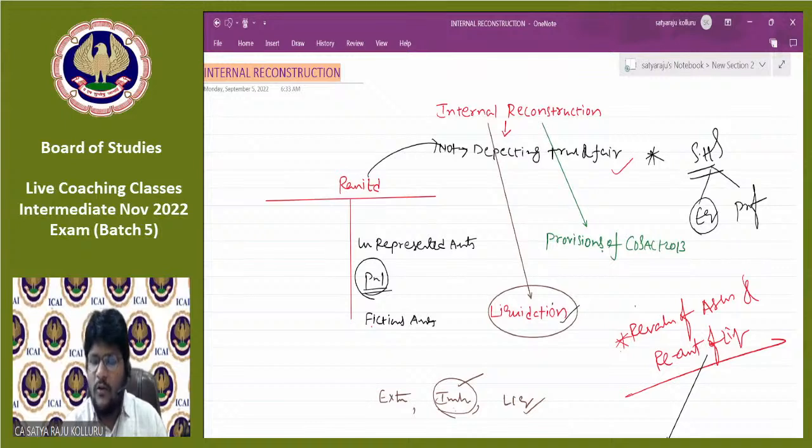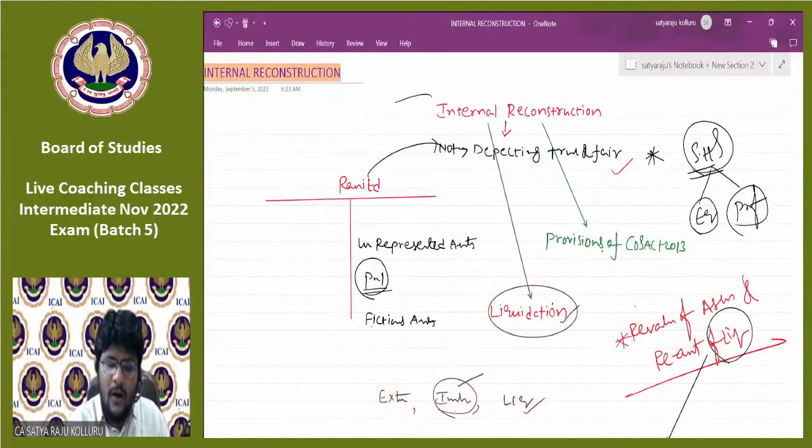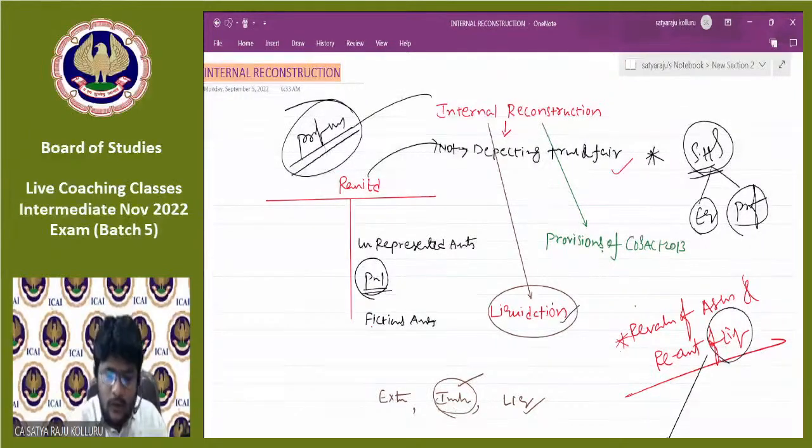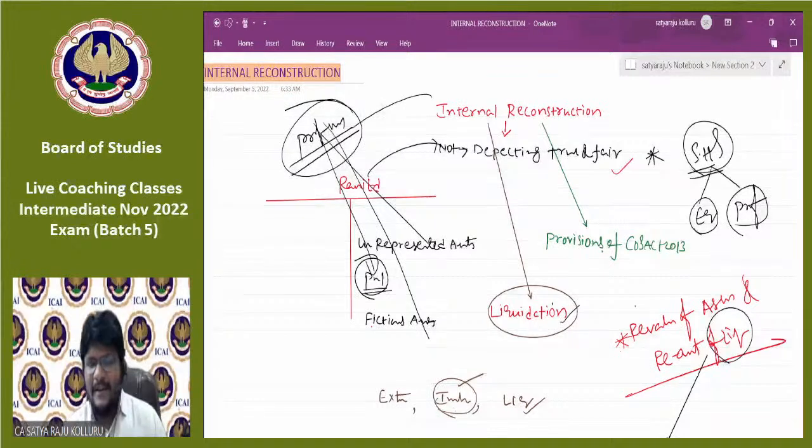For preference shareholders also, we may ask them to sacrifice something. Sir, due to making sacrifices either through shareholders or through liability holders, we are getting certain profits, right? All such profits that we derive from the process of internal reconstruction are ultimately used to set off the debit balance of P&L account, to set off the unrepresented assets and to set off the fictitious assets.